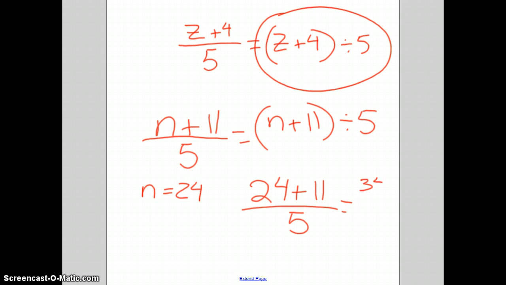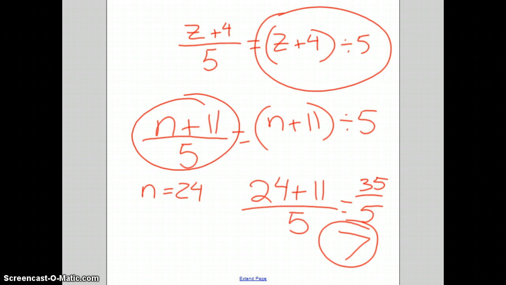So that equals 35 divided by 5, which is 7. So 7 is your answer to this. They already had 1 full carton. 7 is half of the answer. The other half of the answer is this part right here, because this is our expression. And then 7 is the other half of our answer.